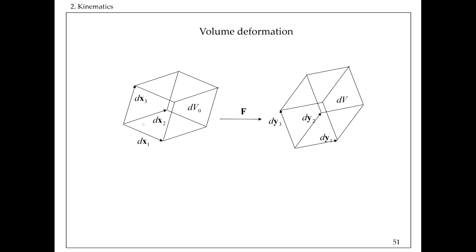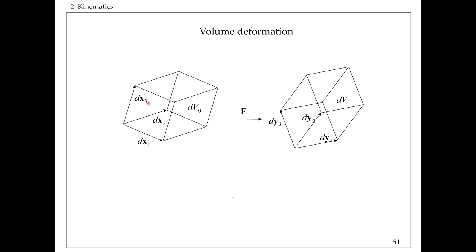There is a point here, and at that point we identify the initial volume, which is based on these three vectors, dx1, dx2, and dx3. Although it may be confusing, I want to emphasize that x is bold, meaning this is an independent vector: x1, x2, and x3.